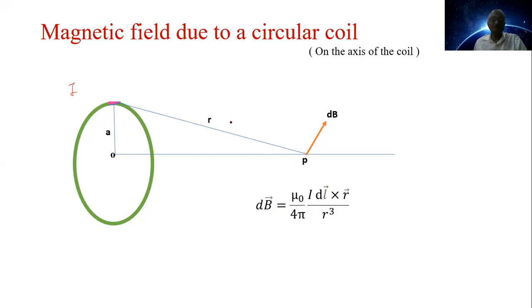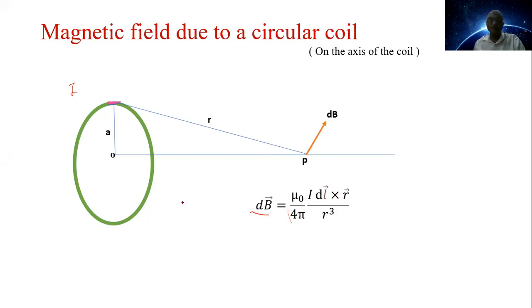Now here the magnetic induction at point P due to this current length element is given by dB vector equal to mu 0 upon 4 pi, this is constant, I into dl vector cross r vector upon r cube.